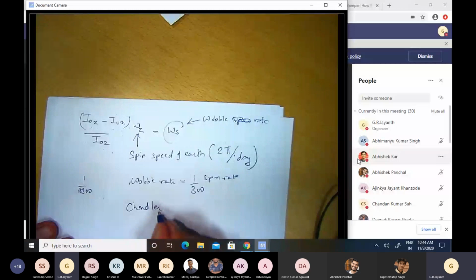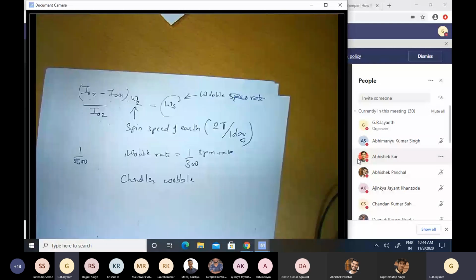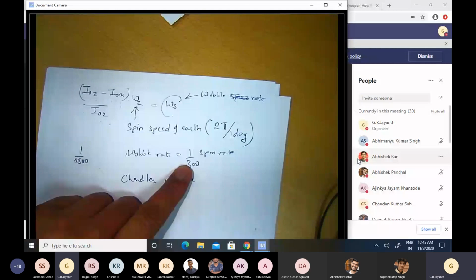So the Earth, because it is not a perfectly spherical object, has I0x and I0z that are not the same, and therefore there is a small amount of wobble, and that wobble frequency is 300 times smaller than the spin frequency. This is called Chandler wobble.